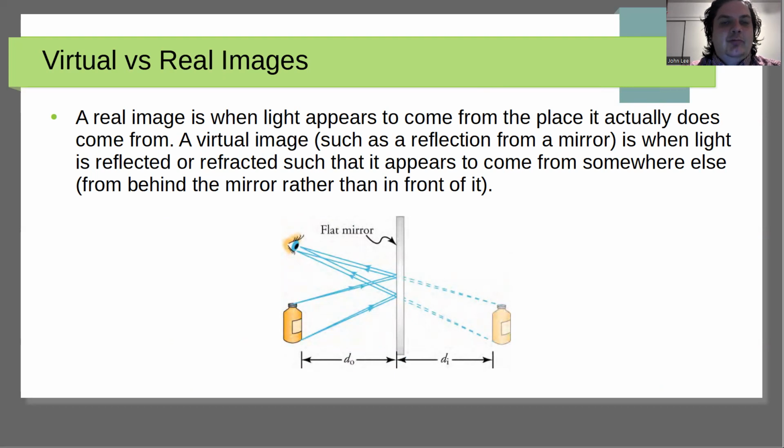When you look into a mirror, you're going to see an image that appears to come from behind the mirror rather than in front of it, even though none of the light actually came from the place where the image is. The light just reflected off the mirror and into your eyes.